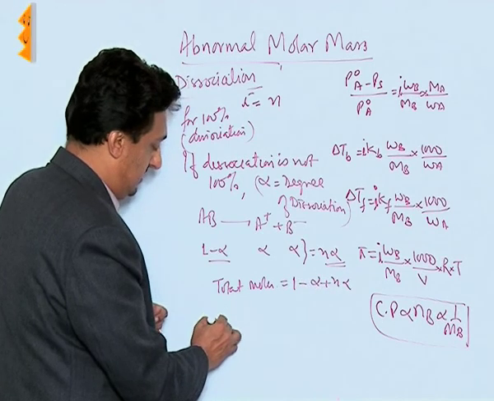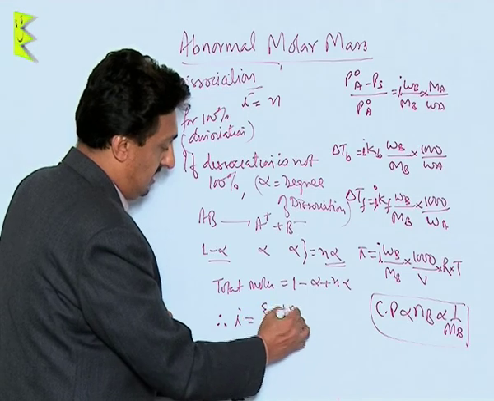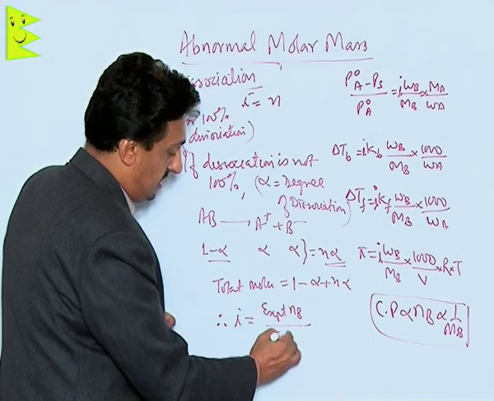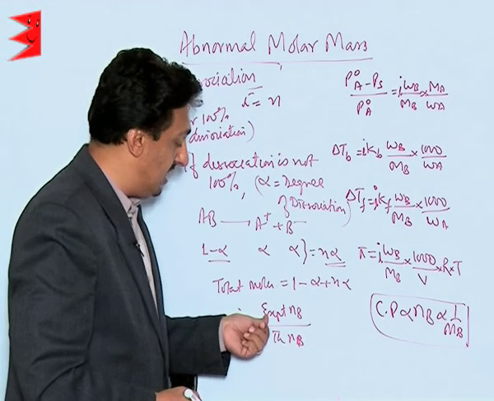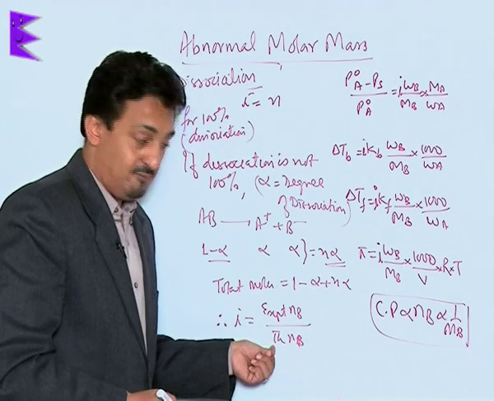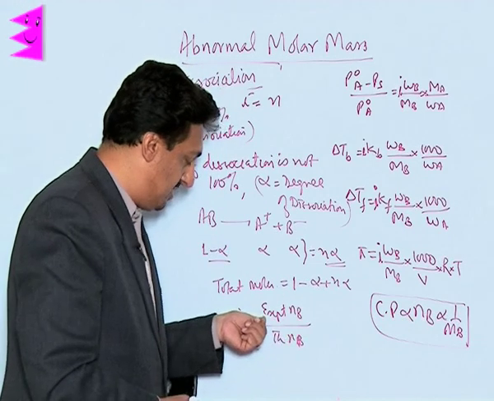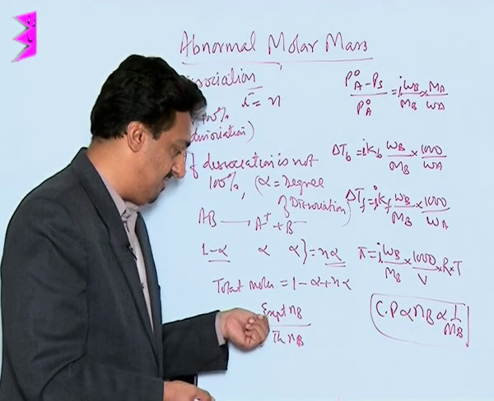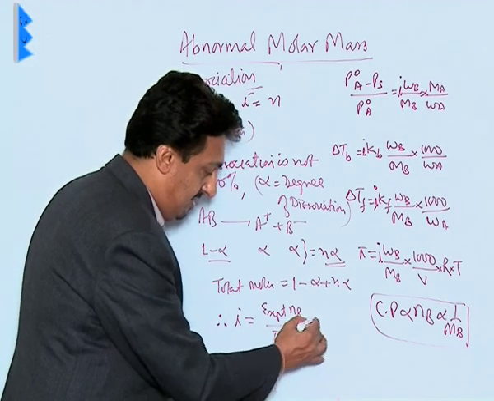So he said this i is equal to experimental number of moles upon theoretical number of moles, because it is experimental colligative property upon theoretical colligative property, and colligative property is directly proportional to number of moles. So experimental colligative property can be written as experimental number of moles, and theoretical colligative property as theoretical number of moles.